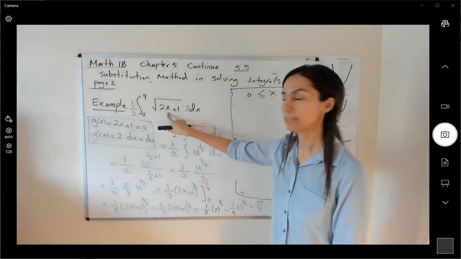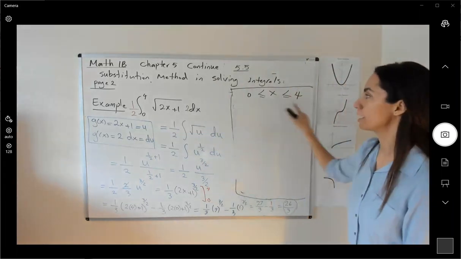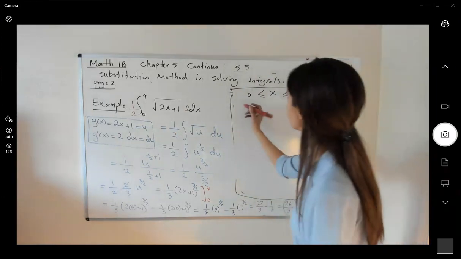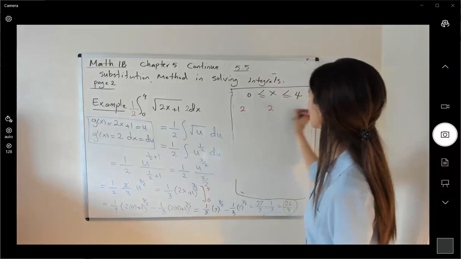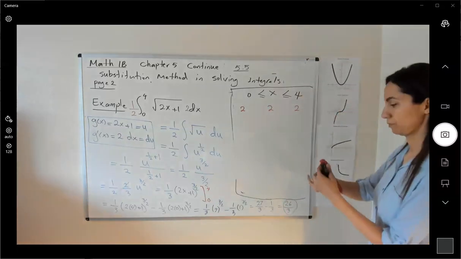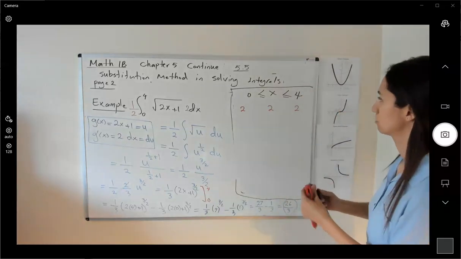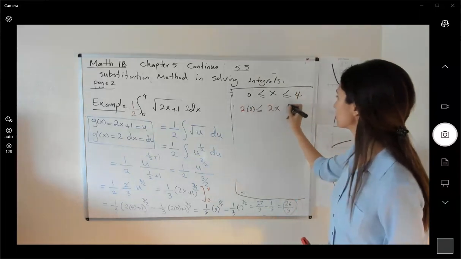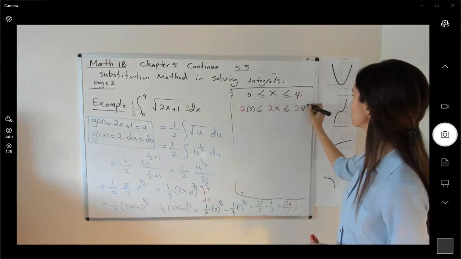You multiply everything by 2: 2 times 0 is less than or equal to 2 times x, less than or equal to 2 times 4.